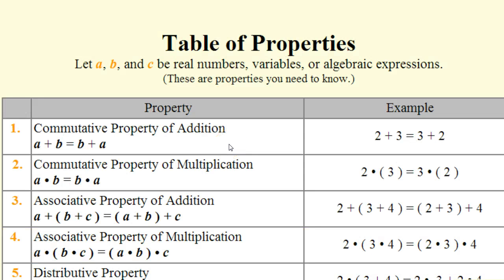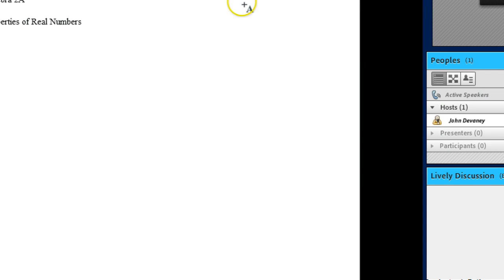Now what you could also include with these properties, and you won't see it during this section, is the exponent properties, where x to the a power times x to the b power is x to the a plus b. Those do pop up, but for right now we're just going to focus on the minor properties of numbers.